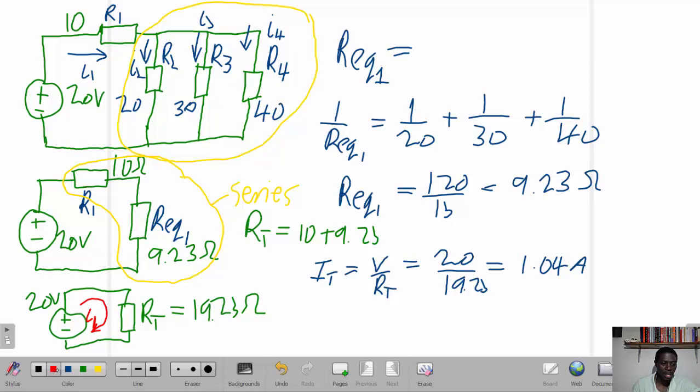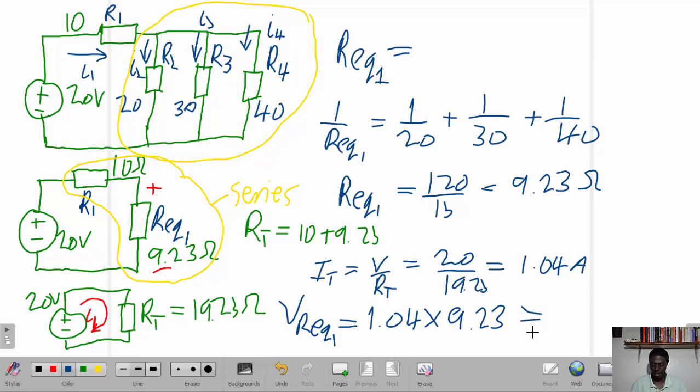So the voltage across this resistor Req1 can be determined easily. The voltage across Req1 is equal to the current multiplied by the resistance. Our current is 1.04 multiplied by the resistance, which is 9.23.